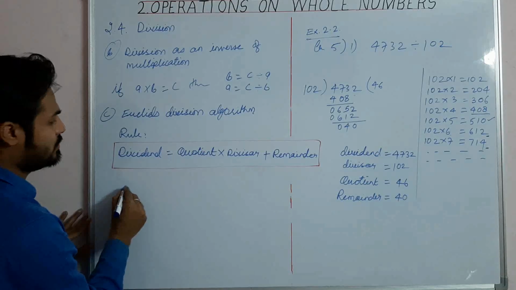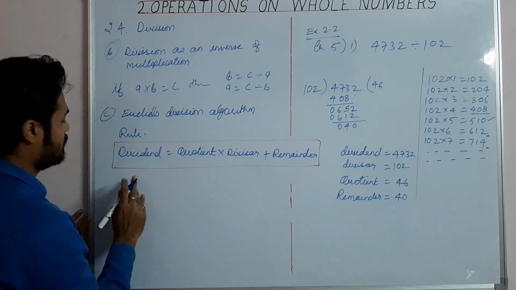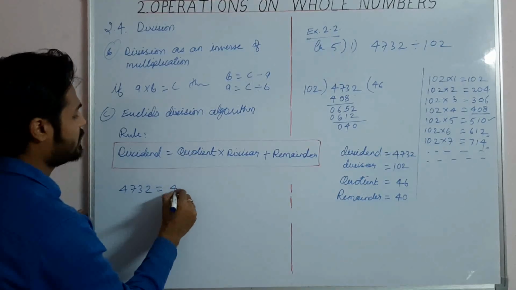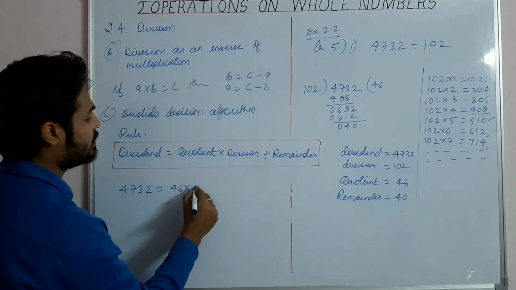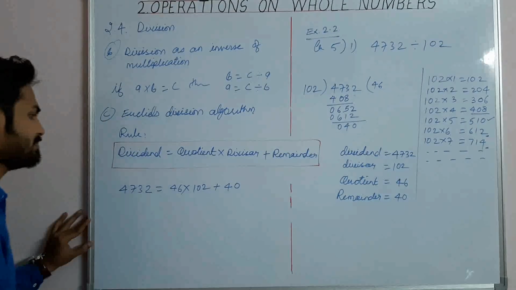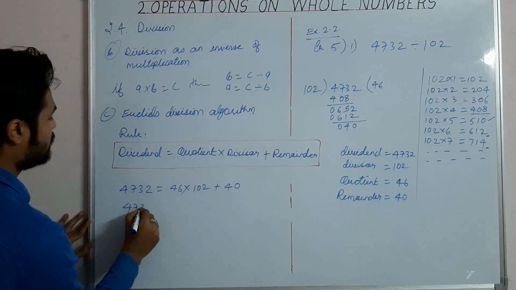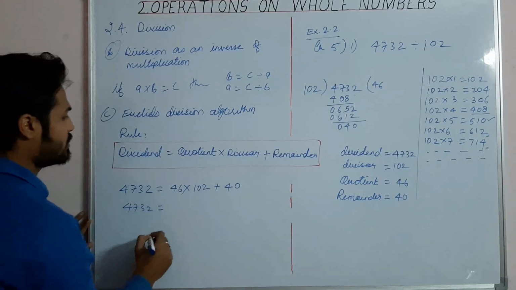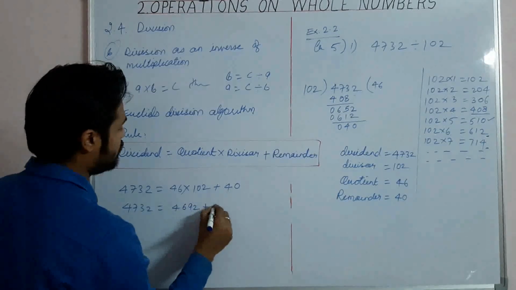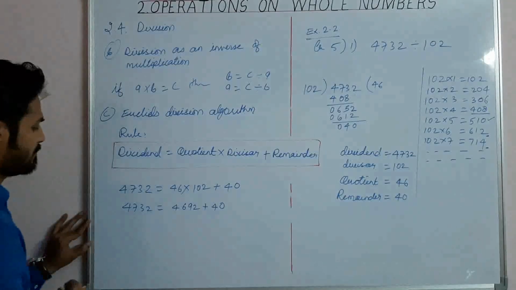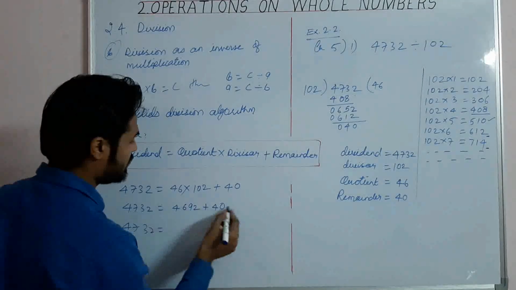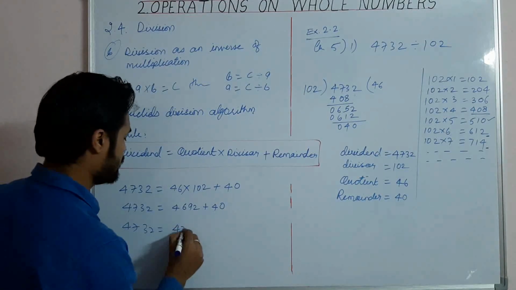Dividend is 4732 equals to quotient 46 into divisor 102 plus remainder 40. So here 4732 equals to 4692 plus 40. So the total is 4732, and here 4692 plus 40 is 4732.